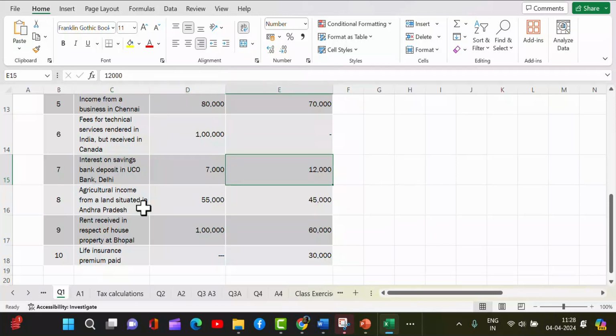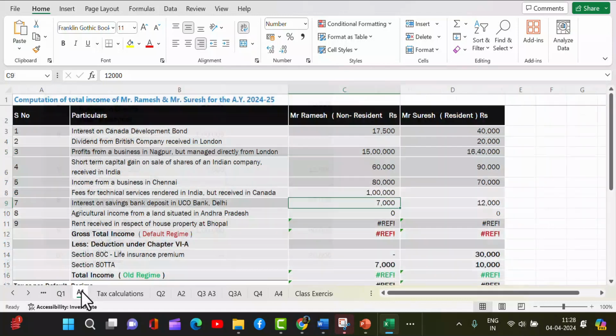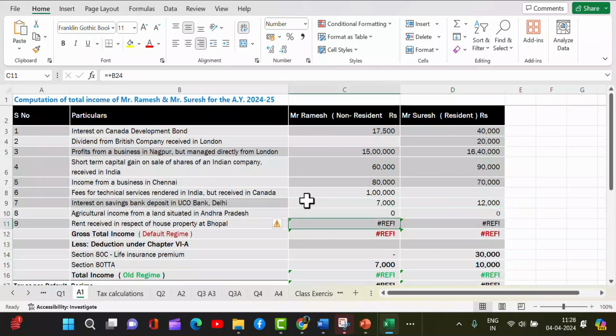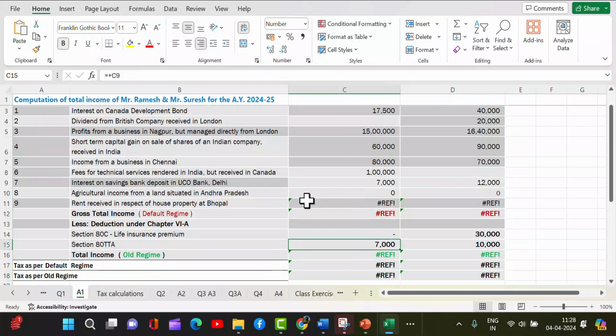Sir, I think they don't have to pay tax on the 7,000 because less than 10,000 is exempted. Absolutely, but they are both taxable on 2,000. You are right. First we will include this, then we'll give them the exemption here at the bottom. Yes, sir. Okay, so then who else is there?